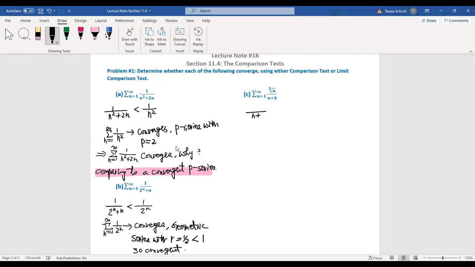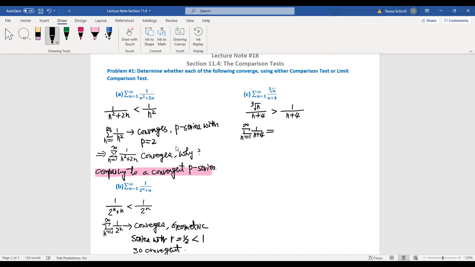So this is n plus 4 over the cube root of n, which is always going to be greater than 1 over n plus 4, right? Then what is the summation of 1 over n plus 4?